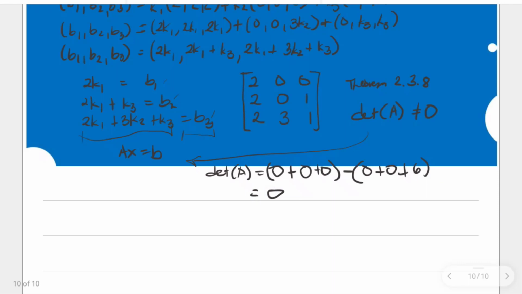So 0 minus 6. The determinant for this coefficient matrix is 6, and this is not equal to 0.